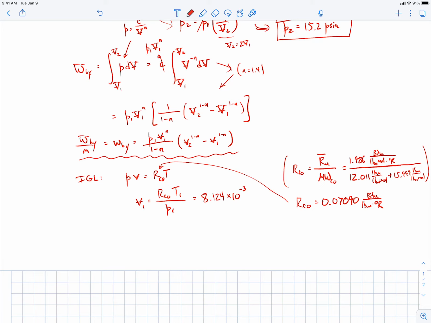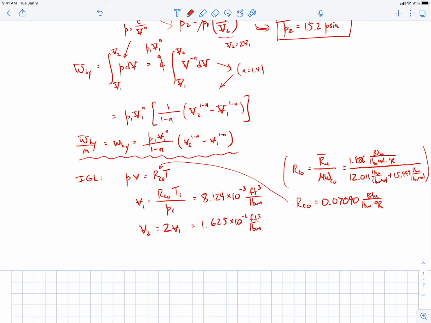That comes out to be 8.124 times 10 to the minus 3 cubic feet per pound mass. We know that the specific volume at 2 is twice the specific volume at 1, since the mass isn't changing and we're told the volume is twice the initial volume. So that means v2 is 1.625 times 10 to the minus 2 cubic feet per pound mass.